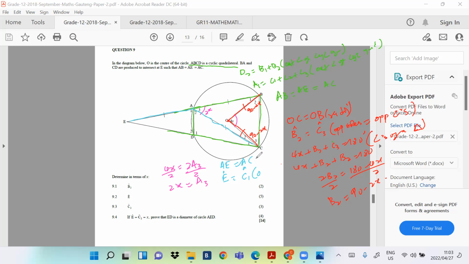Opposite sides equal opposite angles. So E is C1. But how much is C1? How do we get C1?